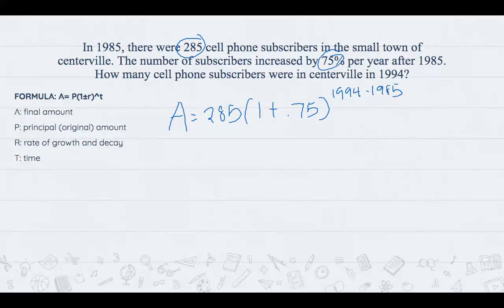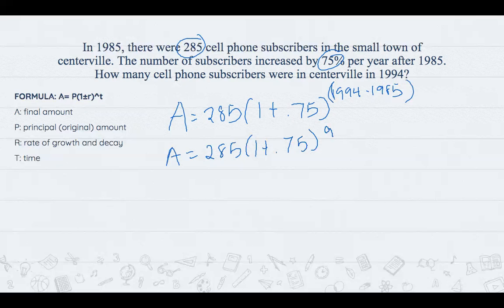So now we're just gonna solve for our exponent. We're just gonna write everything down first. 1994 subtract 1985 will give us 9. And now we have to get rid of our parentheses, but we also have to get rid of our exponents.